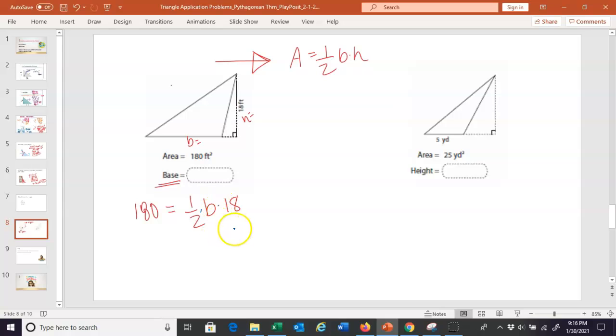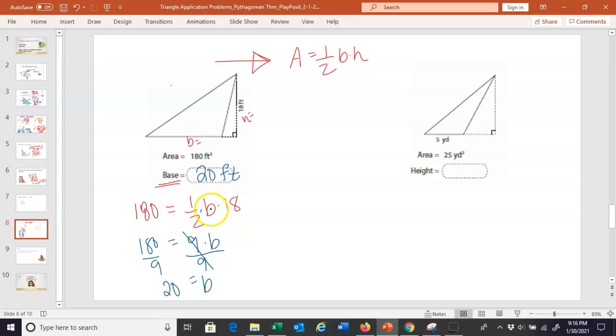This is all multiplication, so let's do 1/2 times 18. 1/2 times 18 is 9. That looks a little better. Now to get rid of the 9, this is 9 times b. The inverse of multiplication is division. So now we're going to divide. 180 divided by 9 is 20. And our units are feet, so we found the base is 20 feet.